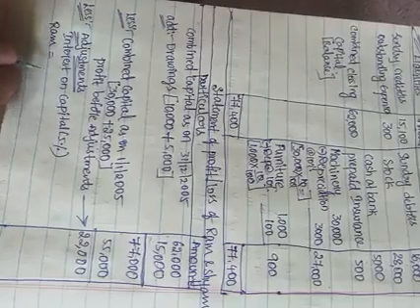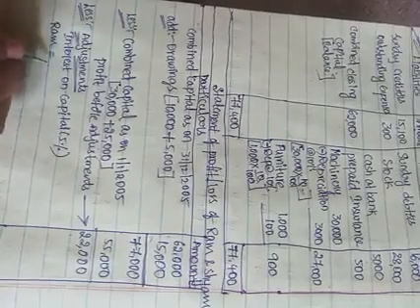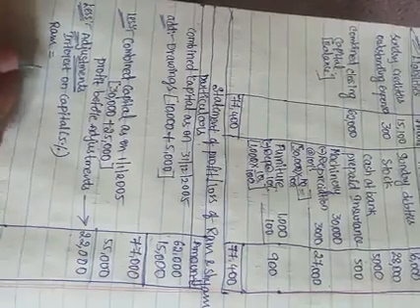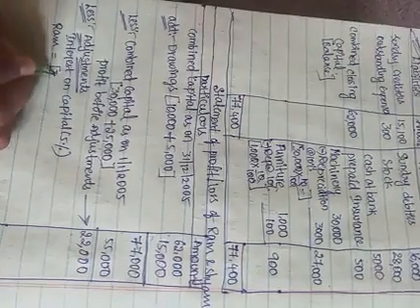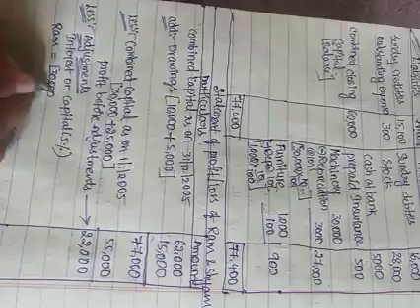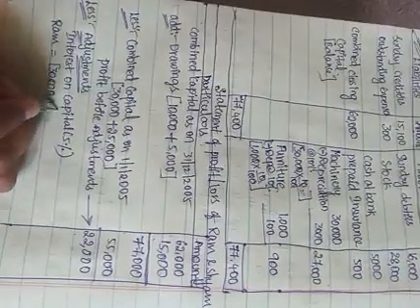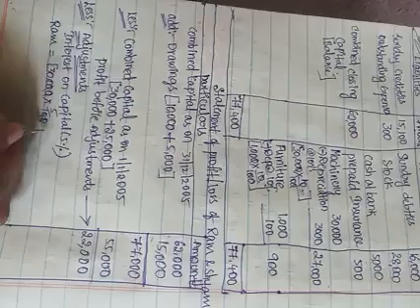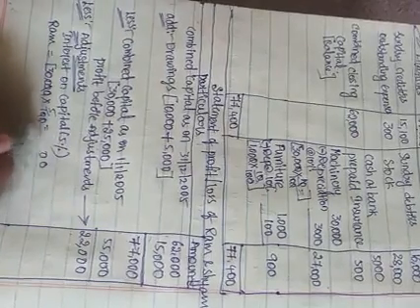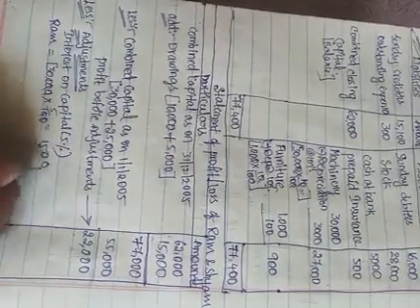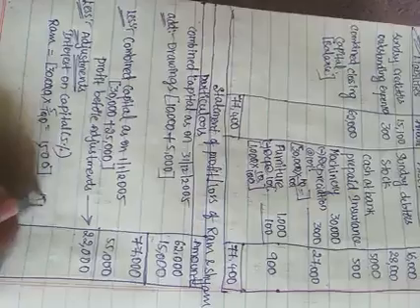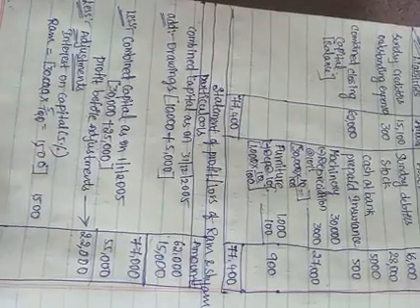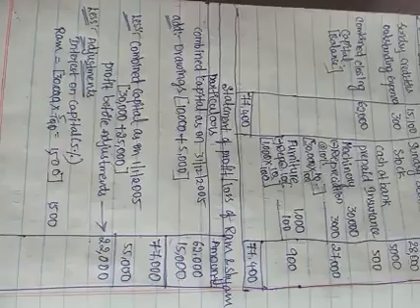Ram's interest: opening capital as given in their financial position is 30,000. 30,000 into 5%. 5% means 5 by 100, so 1,500.